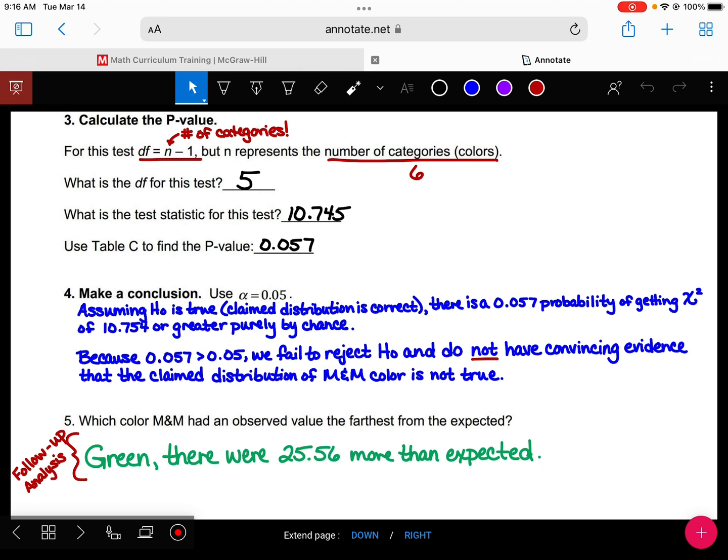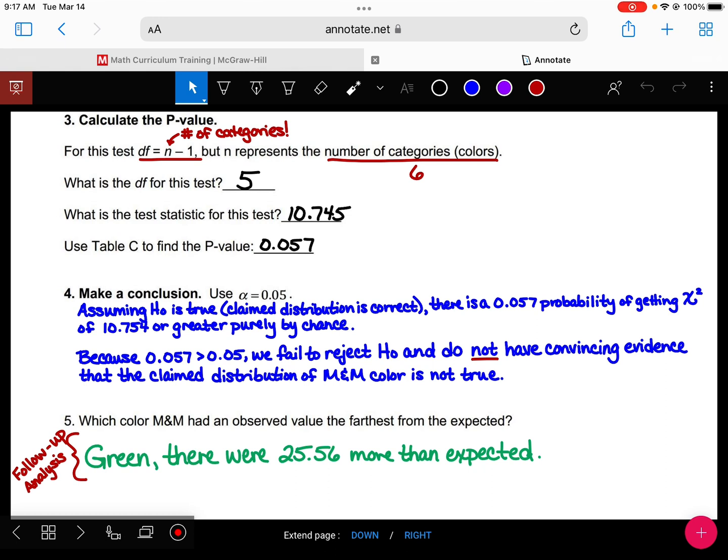So when you're talking about interpreting your p-value, it's a chi-square score. And it's always going to be or greater because we only have that tail out to the right.